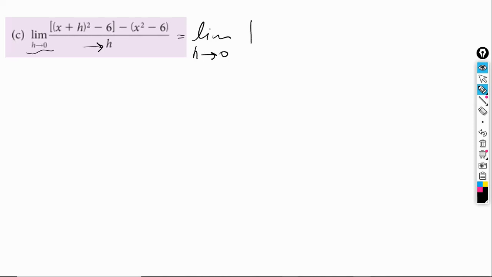So let's expand this. So we're going to get x squared plus 2xh plus h squared minus 6 minus x squared plus 6. Let's rewrite it like that. Plus 6, not 6 squared. Okay, plus 6. And all of this over h.